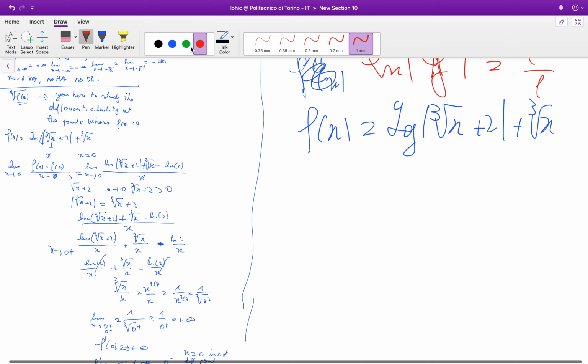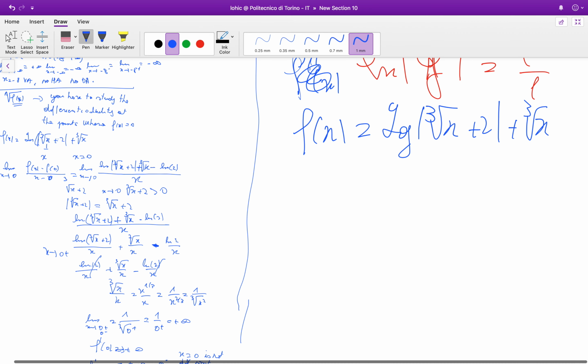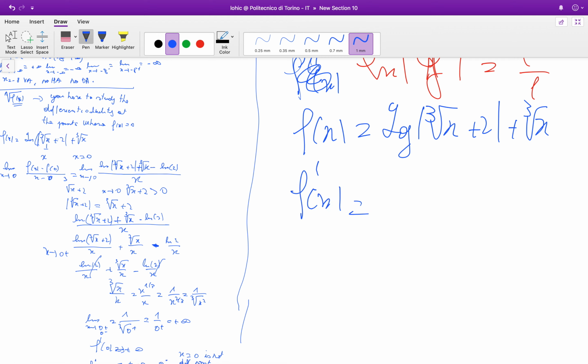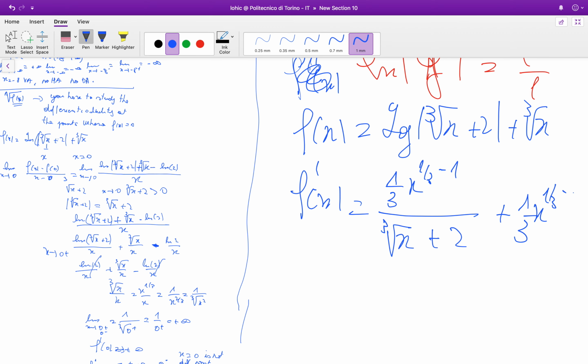So turning back to this, f prime of x will just be, I need to derive this. What is the derivative of cubic root of x? It is 1 over 3 times x to the power 1 over 3 minus 1, plus the derivative of 2, which is 0. So this is divided by cubic root of x plus 2, then plus the derivative of cubic root of x, that is 1 over 3 x to the power 1 over 3 minus 1.